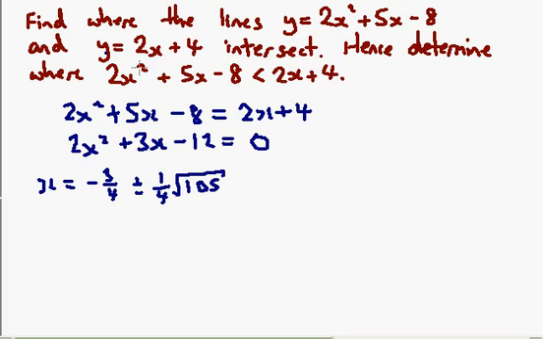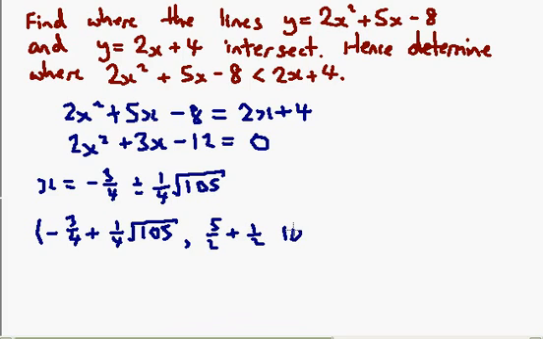Now the straight line y equals 2x plus 4, that will be the easiest one to do that, and you should be able to find that the two coordinates are minus 3/4 plus 1/4 root 105. That's the x coordinate of one, and the y coordinate of this one is 5/2 plus 1/2 root 105.